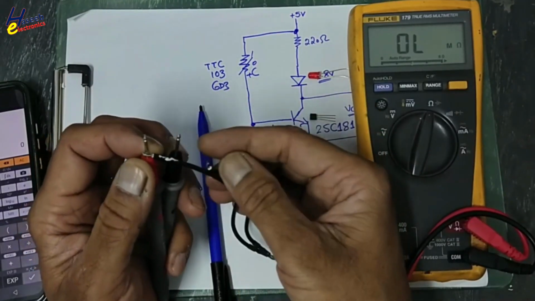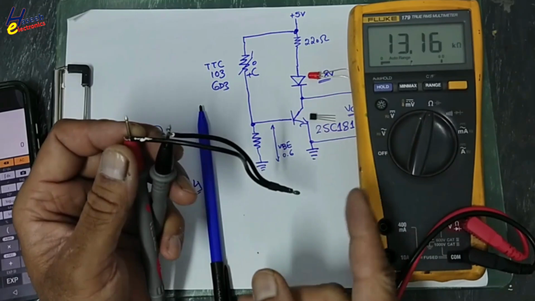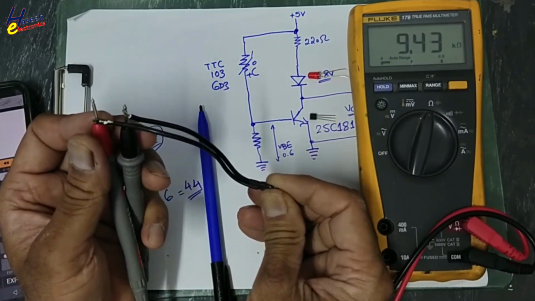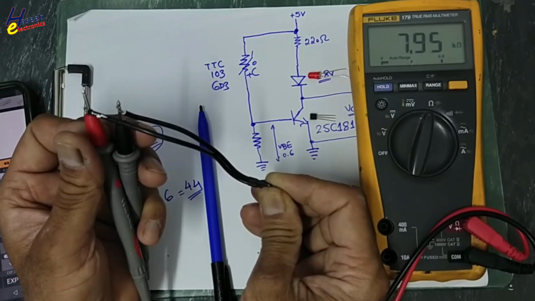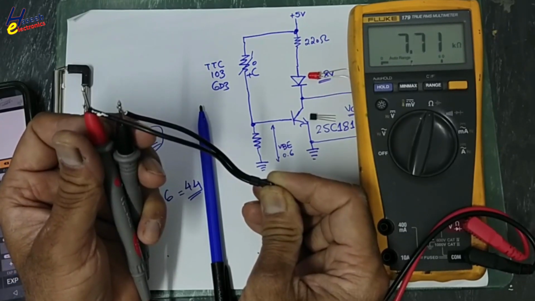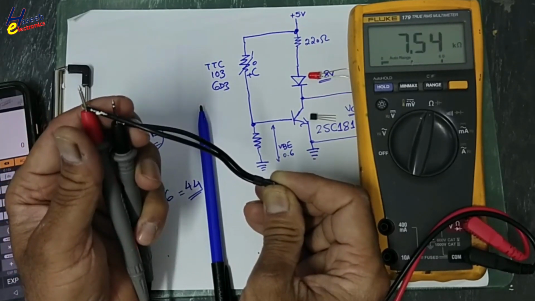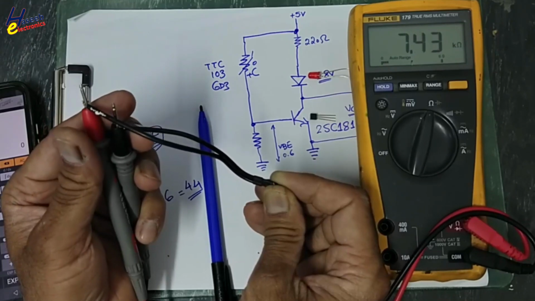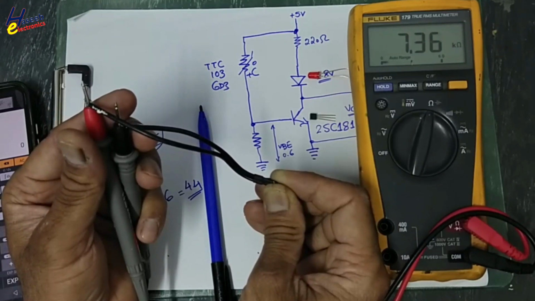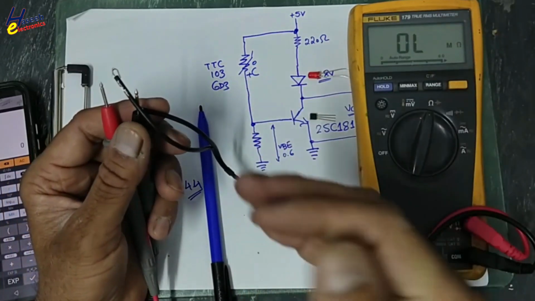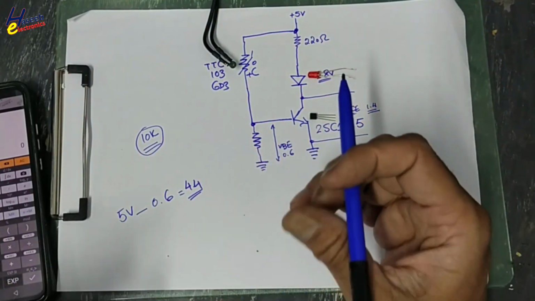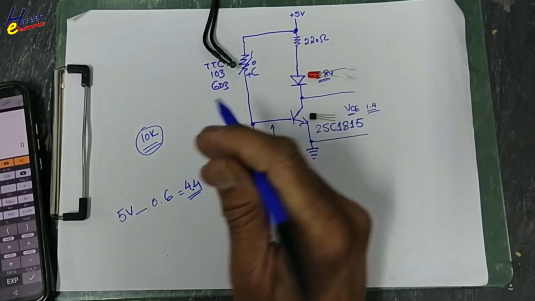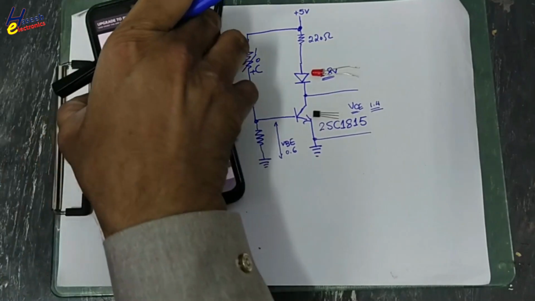When temperature will increase, the resistance will drop. We can see at body temperature 37 degrees Celsius, it is about 7.3 K, so resistance will decrease.